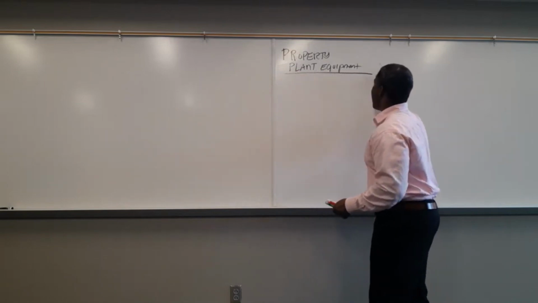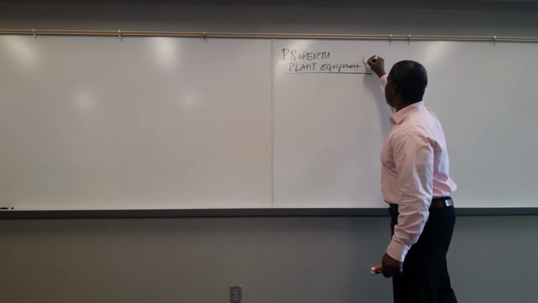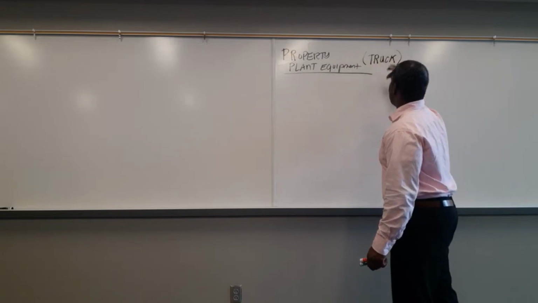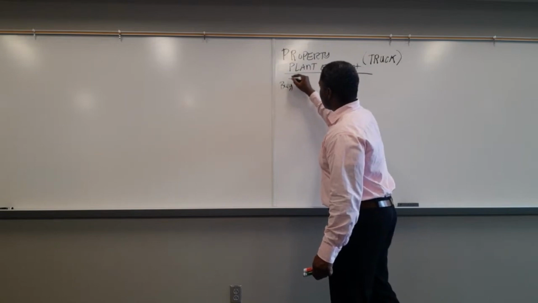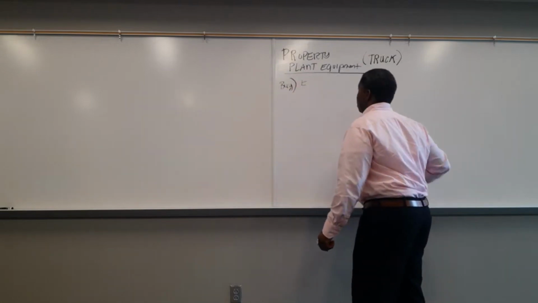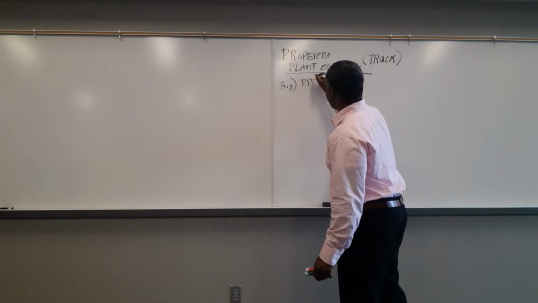I only have one item here, and that's going to be a truck. When I bought that truck, I'm just going to put property plant equipment dash truck because it could be a lot of different things.